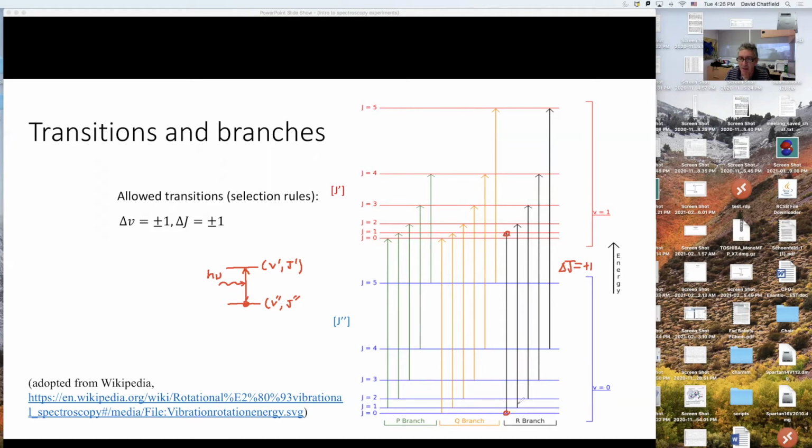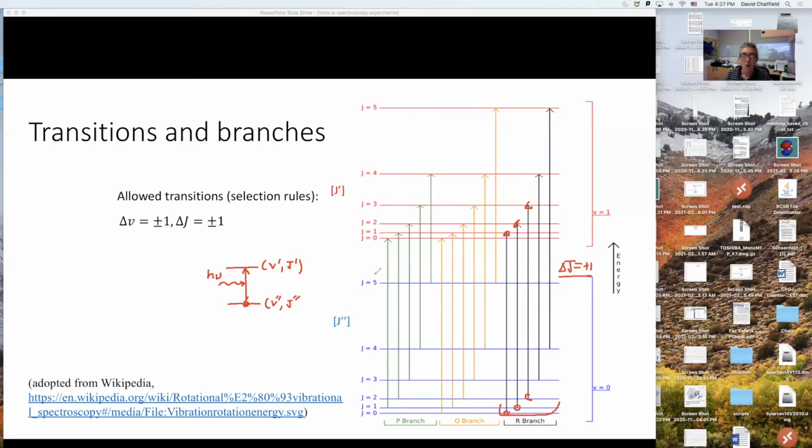In the next case, we can go from j equals 1 up to j equals 2. That's also delta j equals plus 1, and so on: 2 to 3 and 3 to 4. All of these together are for delta j equals plus 1, and we call this the R branch.